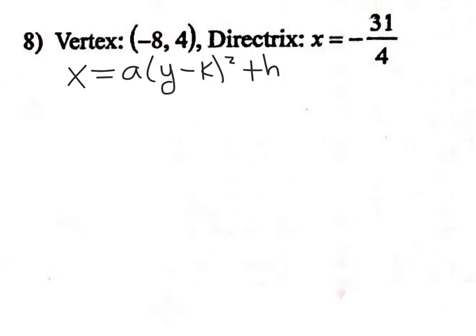Now, if you're confused as to whether the directrix is larger or smaller than my vertex, look at the x value for your vertex. The x value is -8. If I rewrite that as a fraction with a denominator of 4, then my fraction is going to be -32/4.